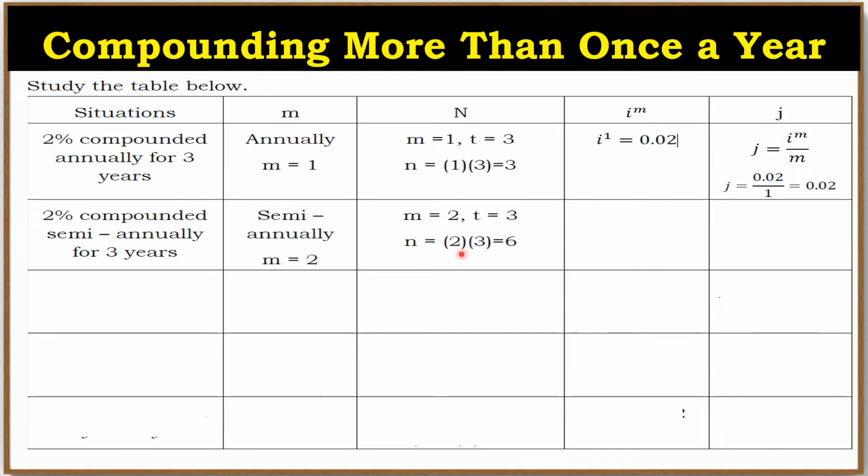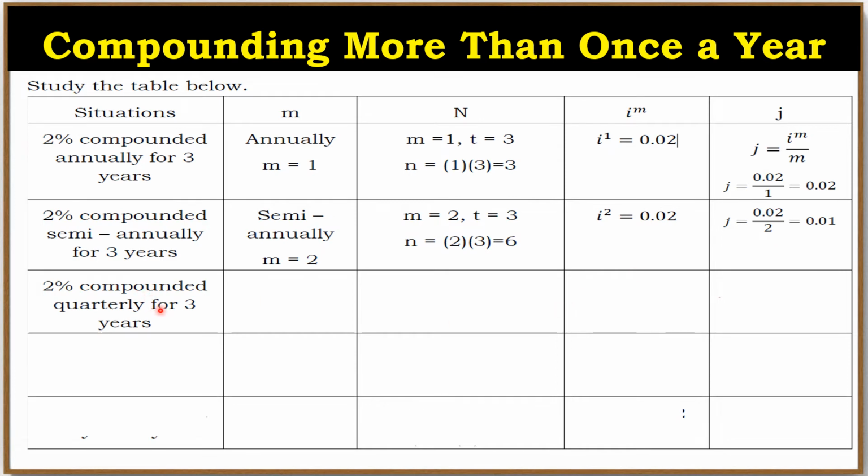So again, 2 came from the value of m and 3 came from the time in years. Next is the rate, which is 0.02. And our j is 0.02 divided by 2 equals 0.01.